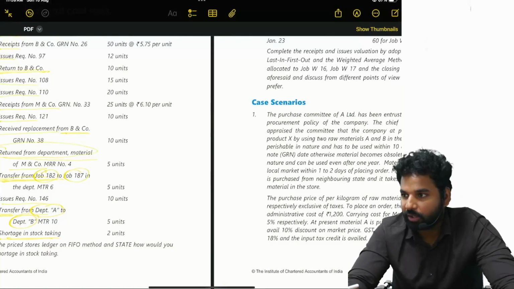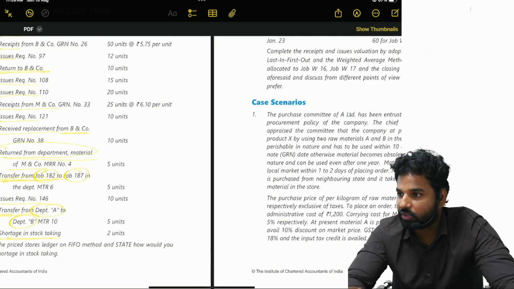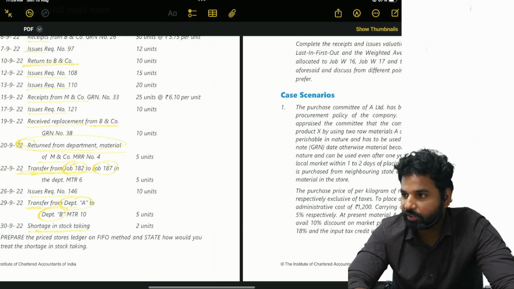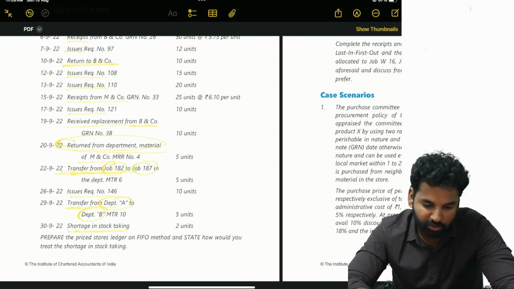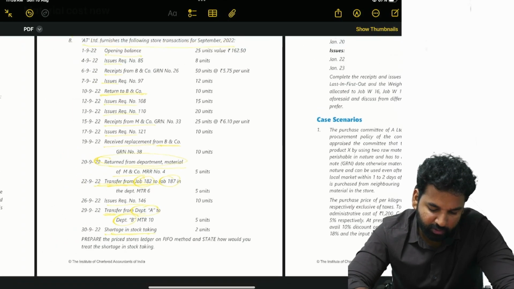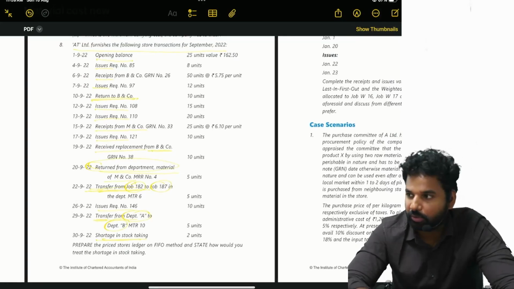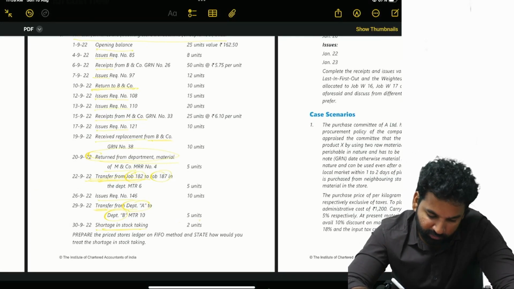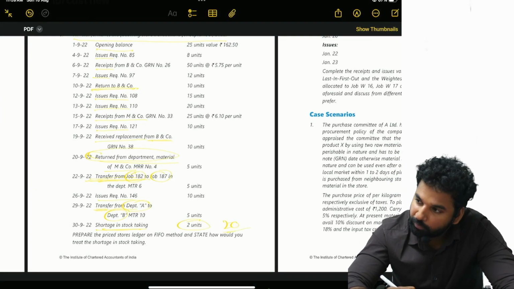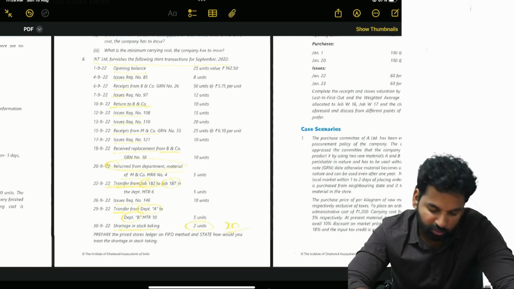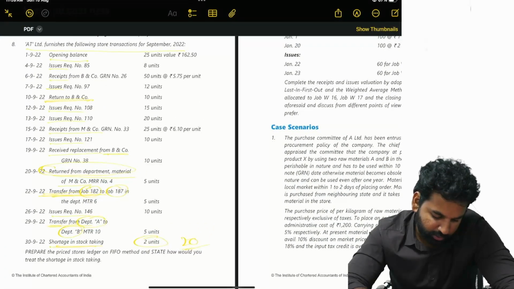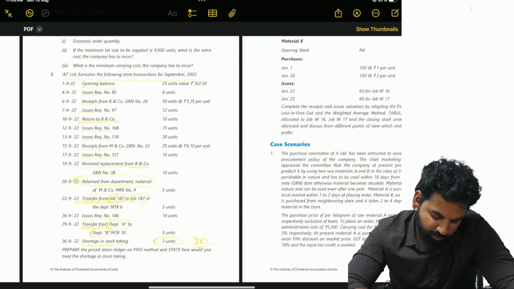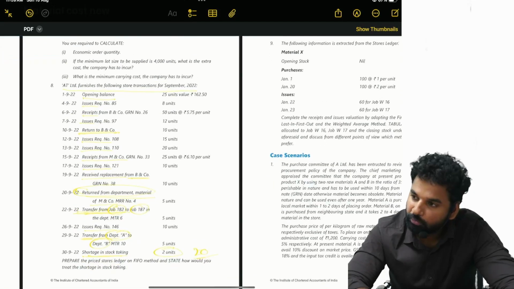Some deterioration or rusting is normal. In the last question we saw rusting, that is normal. In stock taking, if we have lost 2 units, that is not normal. In place of 2 units it might be 20. So you know these treatments.